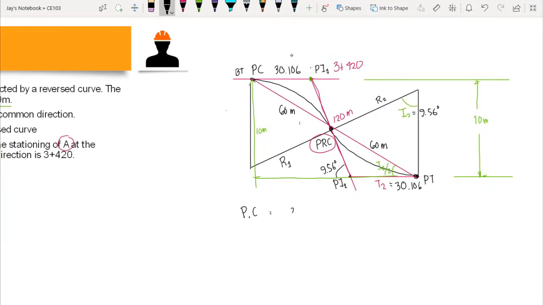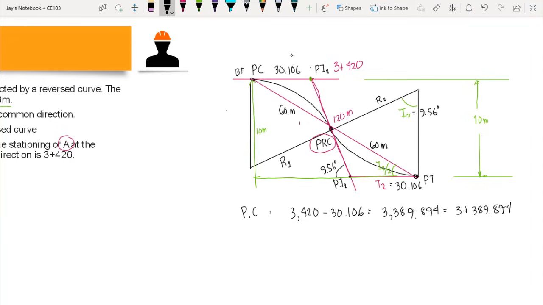So we have 3,420 minus 30.106. This would give us 3,389.894. That means the station of PC is 3 plus 389.894.